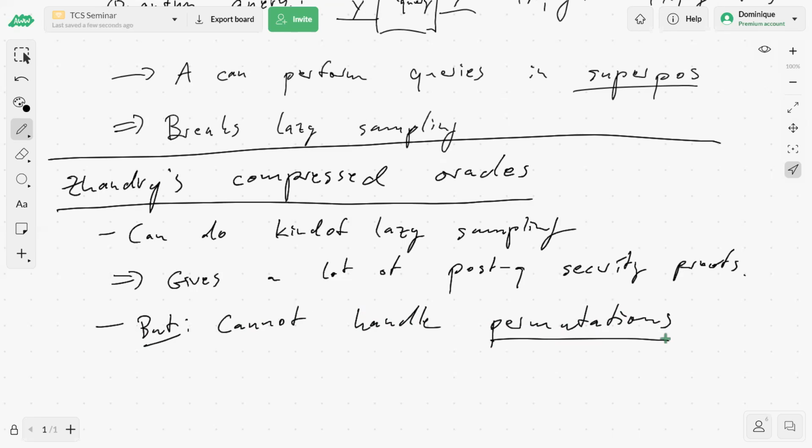So, invertible permutations. First, what do I mean by invertible permutations? Well, the random oracle, as I've described it so far, we said that H is just a uniformly randomly selected function from the set of all functions from the given domain to itself.